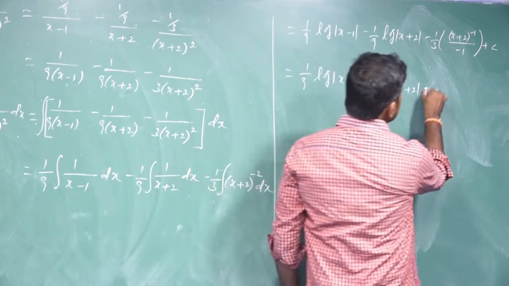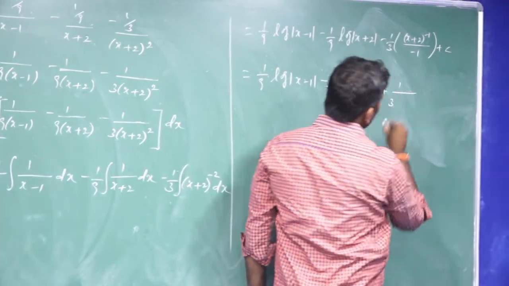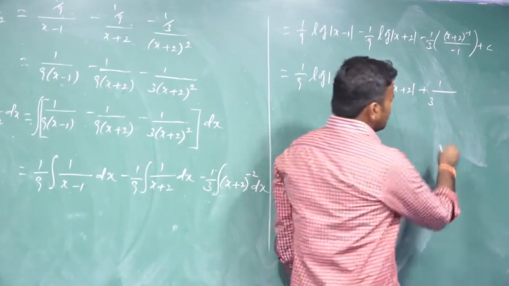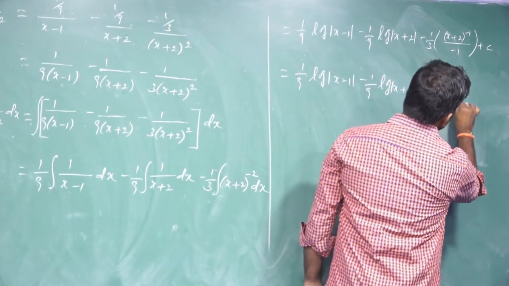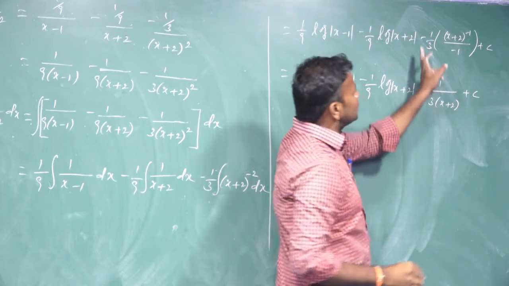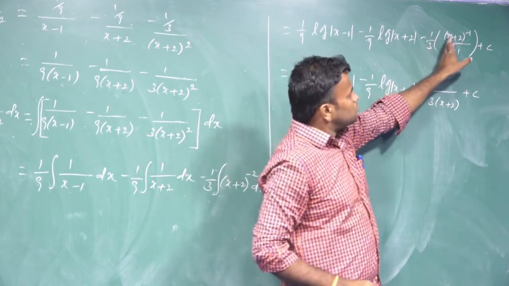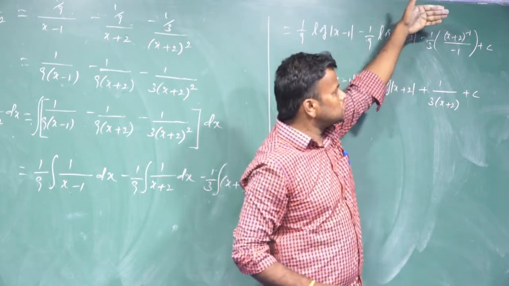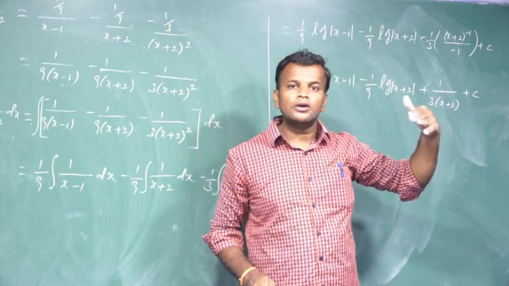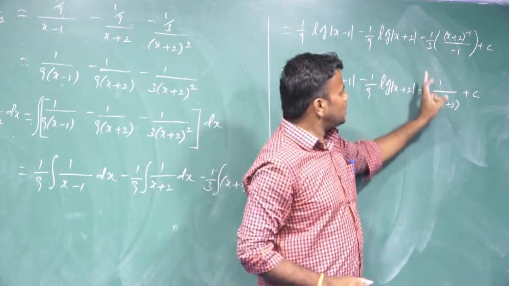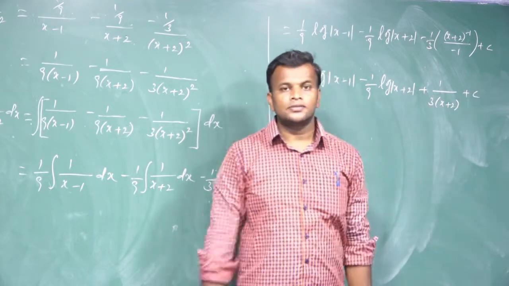So plus, I write it is 1 divided by 3 of x plus 2 plus c. I tell again, minus by minus is plus. 1 by 3 of x plus 2 the whole inverse term comes in the denominator, it becomes 1 divided by x plus 2. So 1 by 3 of x plus 2 plus c.